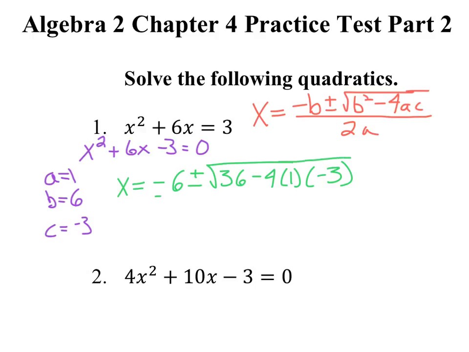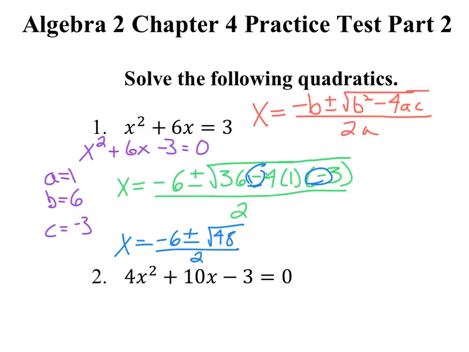Extend this a little bit. 2 times a in this case will just be 2. So with the minus sign here and the minus sign here, that's really going to end up being plus 4 times 1 times 3. So that'll be 36 plus 12. So we're looking at the square root of 48.